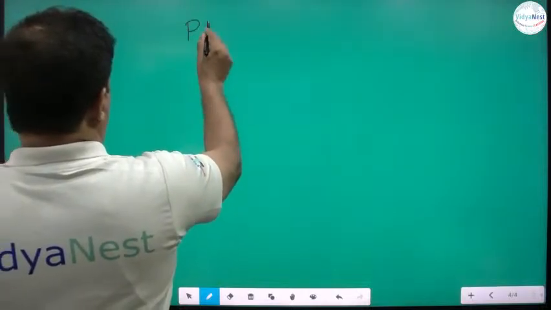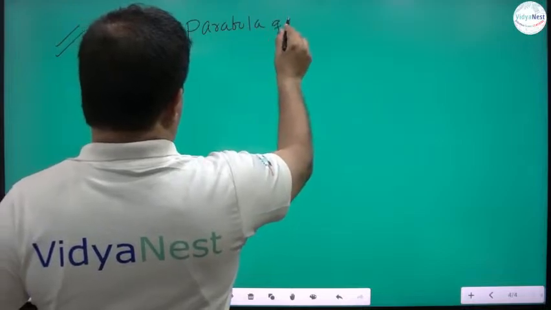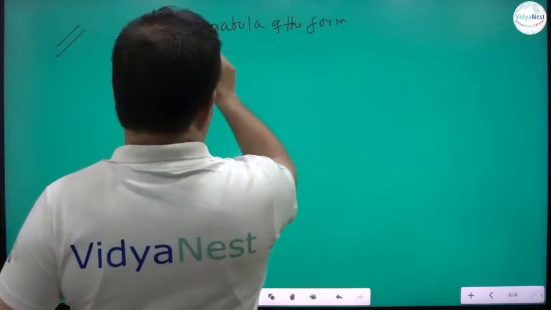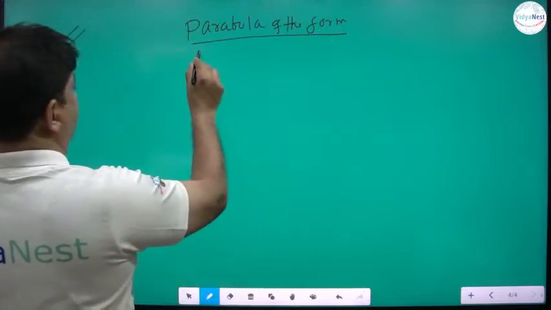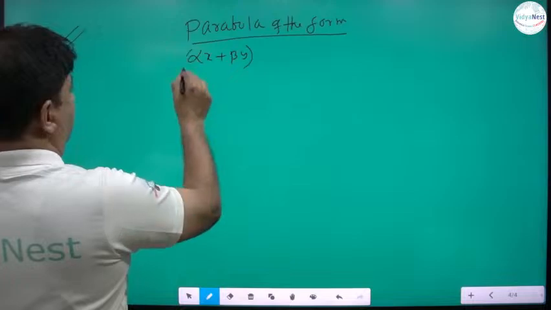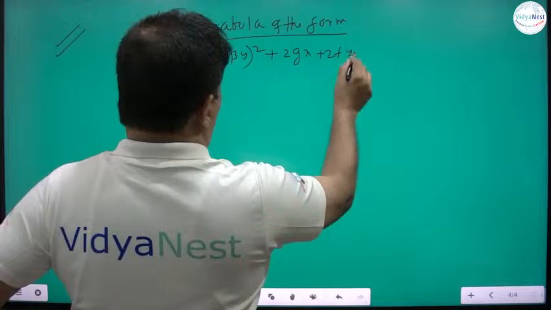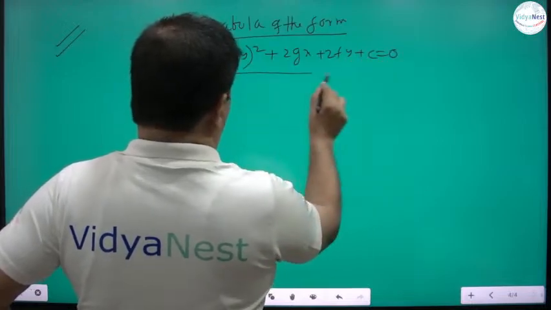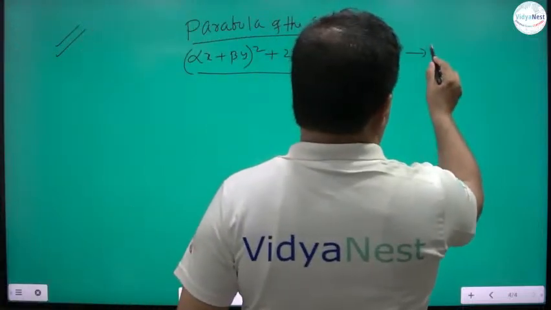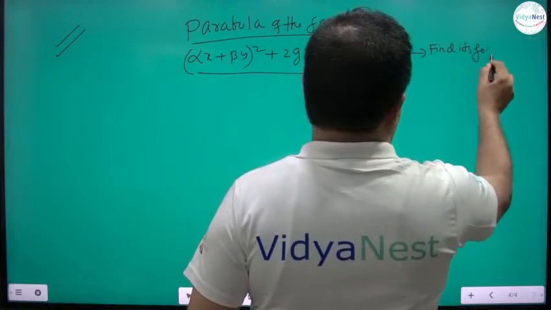Parabola of the form (alpha x plus beta y) whole square plus 2gx plus 2fy plus c is equal to 0. If you get a parabola like this, then find its focus.